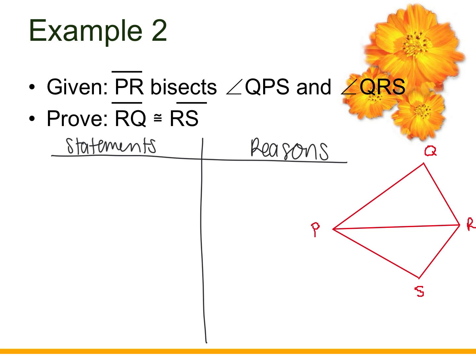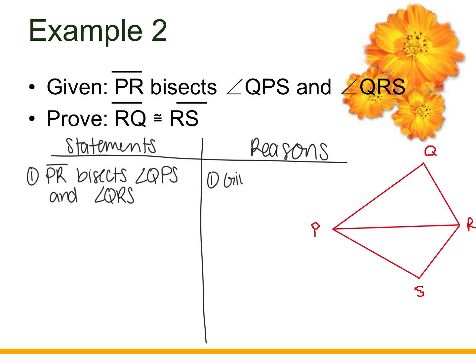I'm going to have what's given. So PR bisects angle QPS and angle QRS, and this is given.